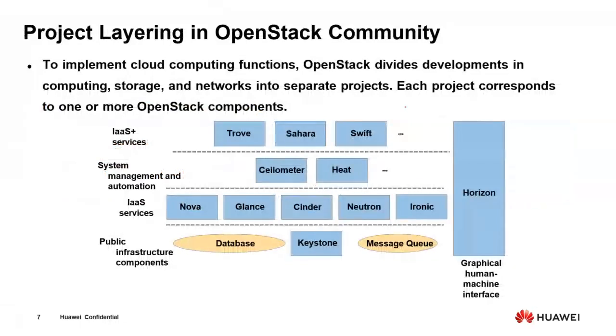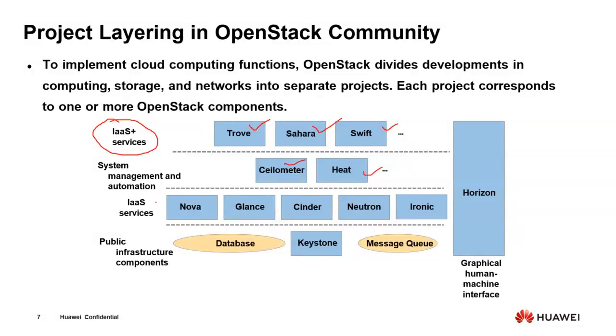So these are the different project layers in OpenStack. When you talk about infrastructure as a service, it has what is called infrastructure as a service plus services, under which we have Trove, Sahara, and Suite, and of course many more. Under system management and automation, there's Ceilometer and Heat.